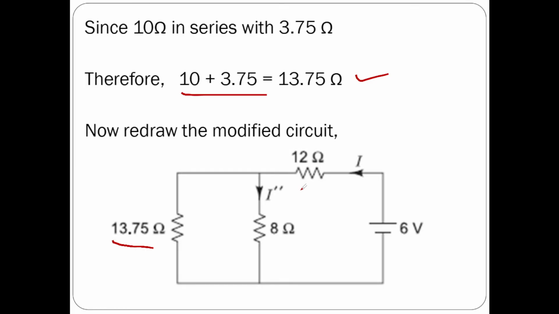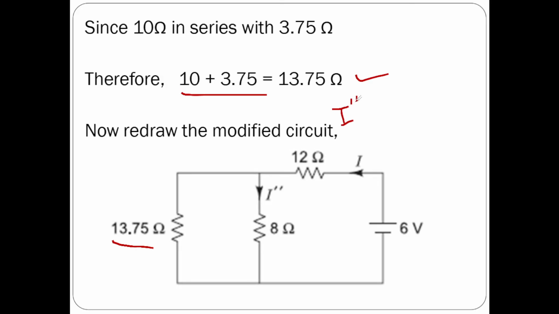Now I want to determine the current across the 8 ohms resistor. Parallel to the 8 ohms resistor there is 13.75 ohms, only one resistor. Therefore we can implement the current division rule here.